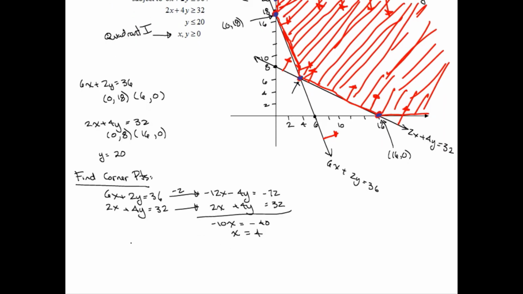Put that into one of your equations. So 6 times 4 plus 2y equals 36. So 2y is equal to 12, and therefore y is equal to 6. So we have the point 4, 6.